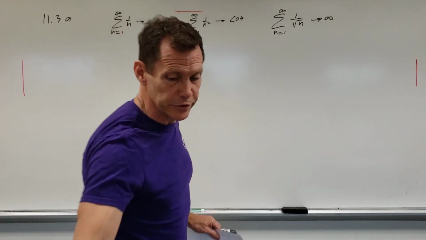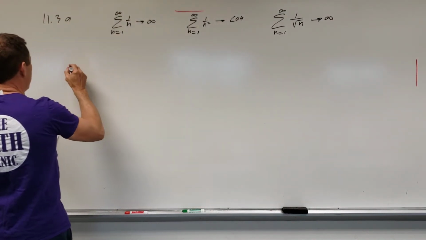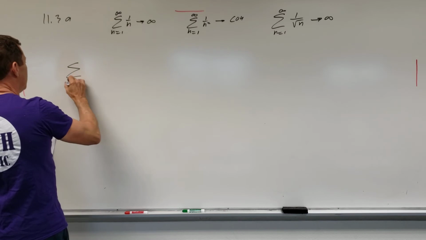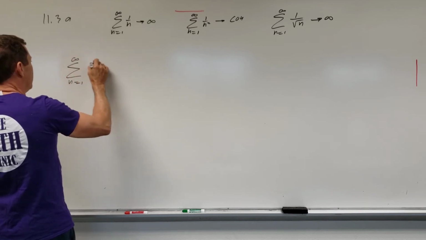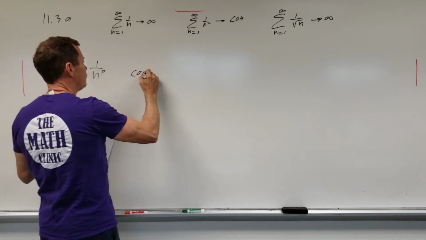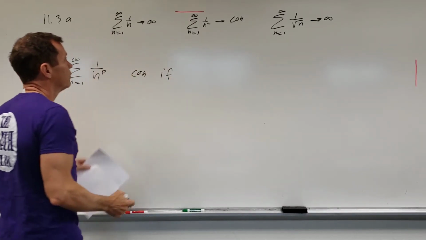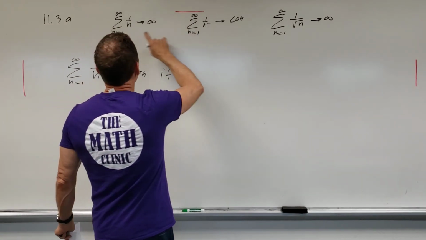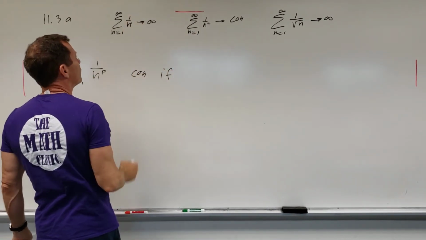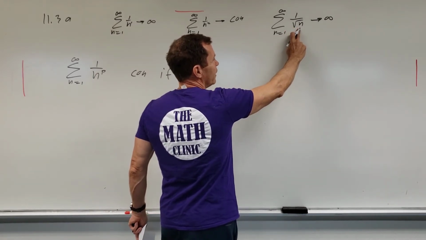Okay, so let's look at p-series. What's a p-series? Here's the p-series. If you've got a sum n equals 1 to infinity of 1 over n to the p, this converges if, let's look up here. When p was equal to 1, it blew up. And here p is actually a half, and it blows up.